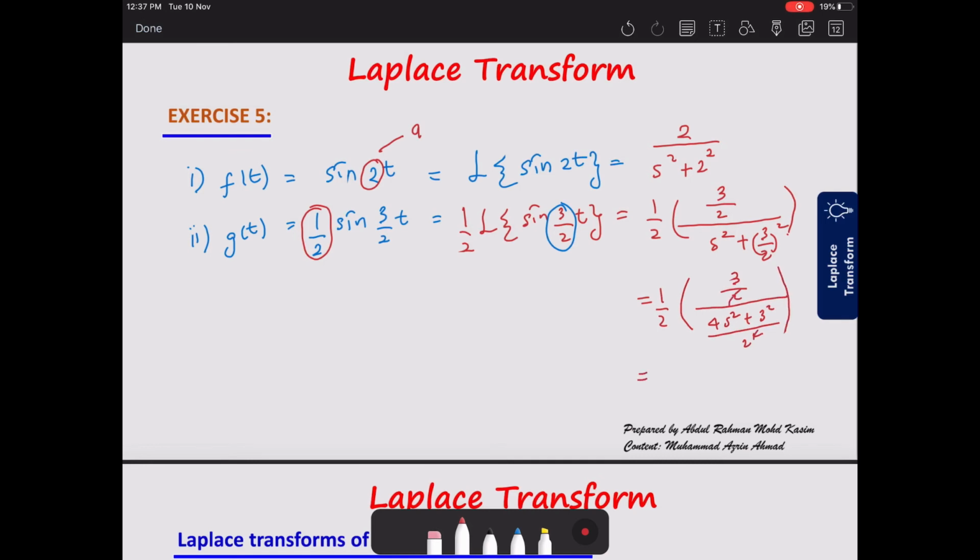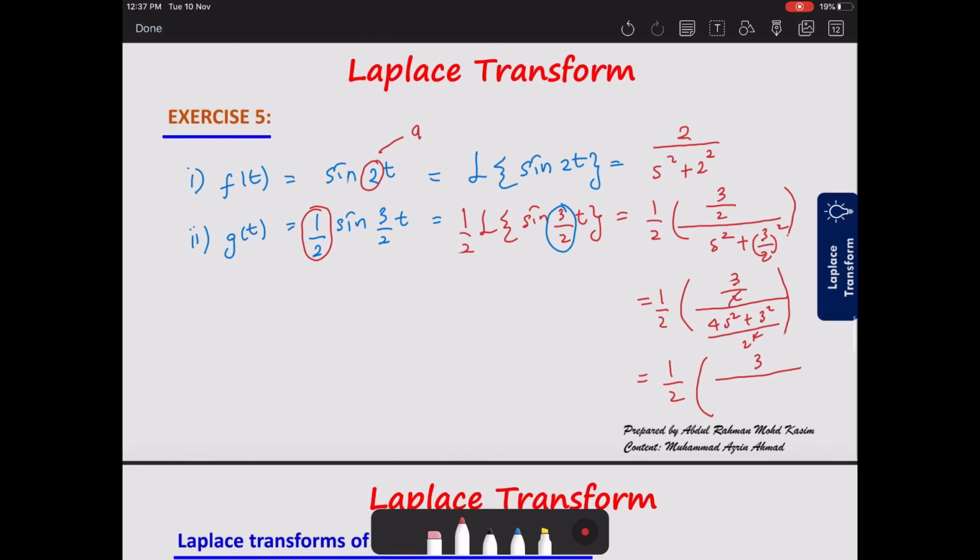The answer is 1 over 2, times 3, divided by this function, so you have 2 over here, and then 4s squared plus 3 squared.